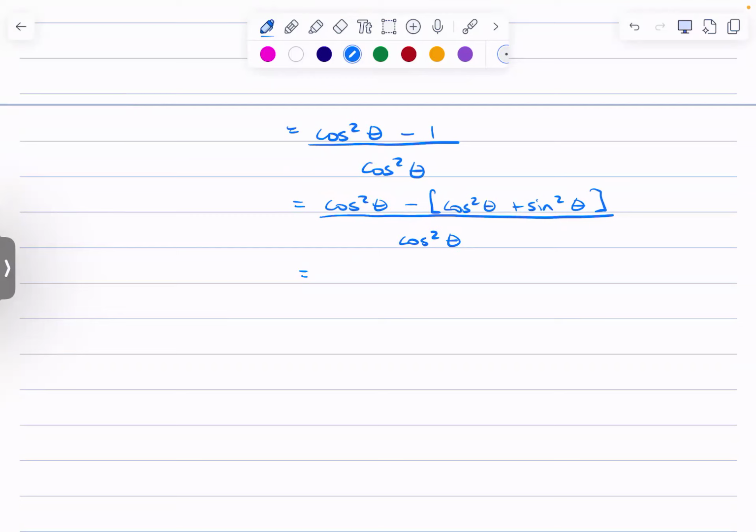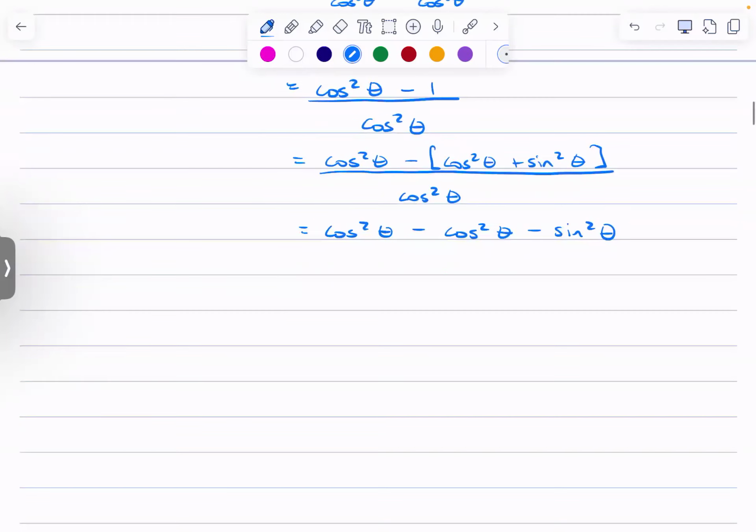Once I expand these brackets, I get cos squared theta minus cos squared theta minus sine squared theta. Hey, things are shaping up. Divided by cos squared theta. Cos squared theta minus cos squared theta is going to go to 0.